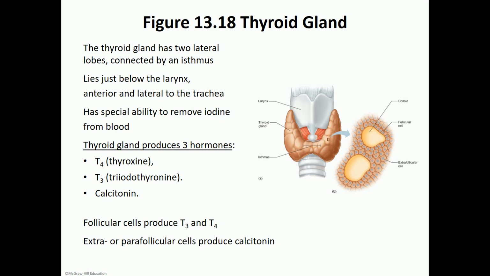So you have your thyro portion, which is thyroxine, and the globulin is the protein. So that colloid, again, is thyroxine stored as thyroglobulin. Again, thyroxine is made by these follicular cells. In between follicular cells, we have these extrafollicular cells, also known as C cells, and those produce calcitonin.